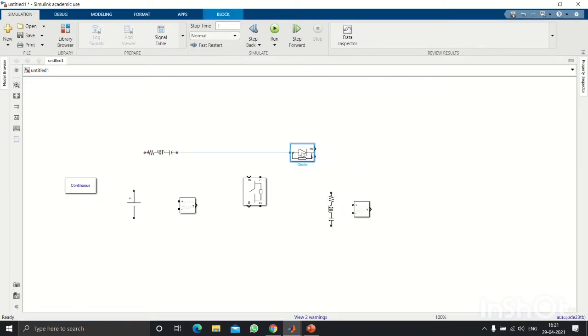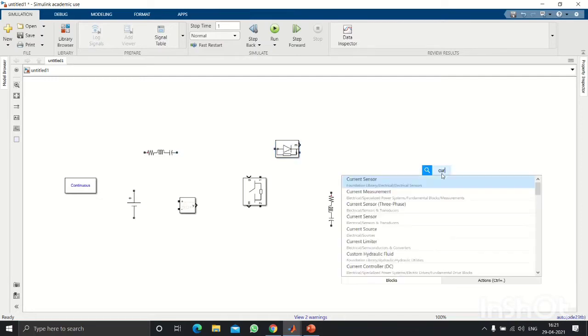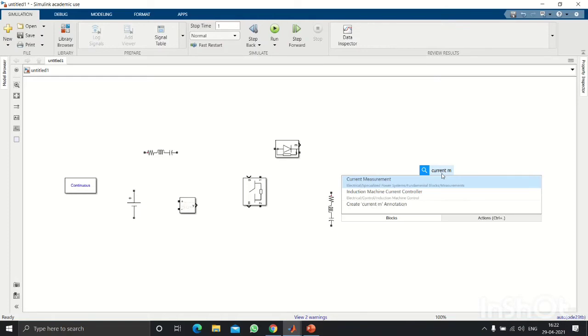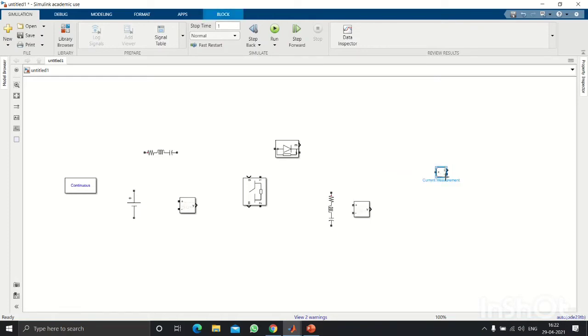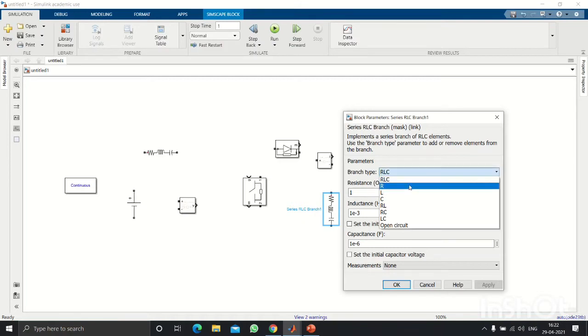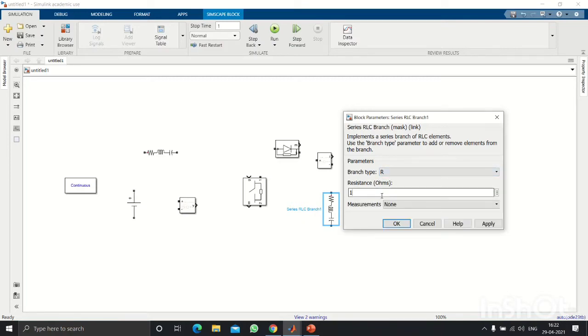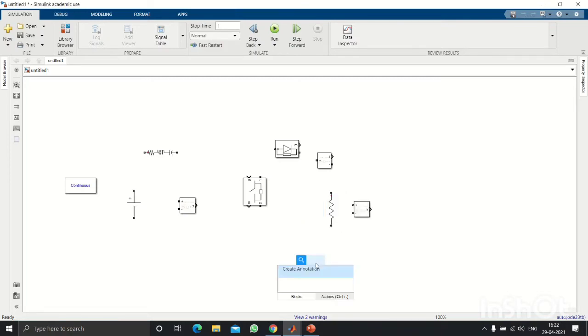Now we'll connect the freewheeling diode here. We'll get the current measurement block, which is used to measure the output current. Now we'll connect the output as resistance.